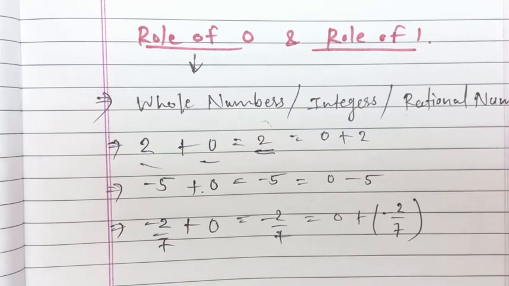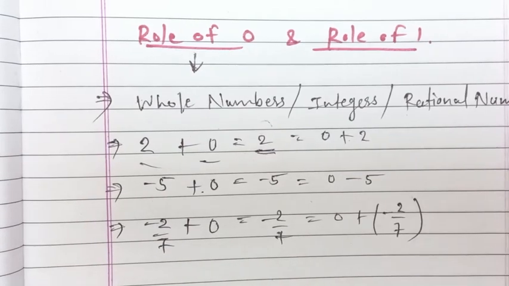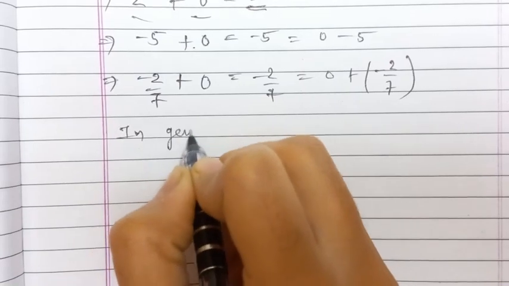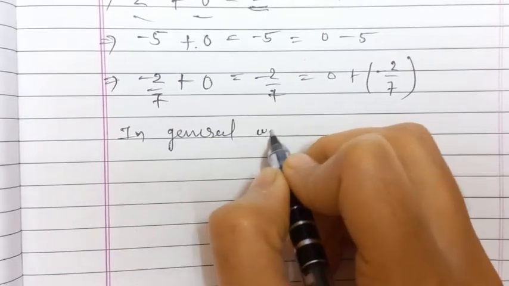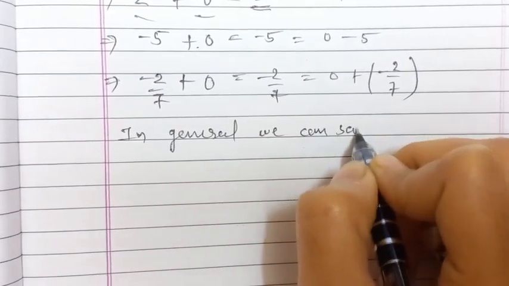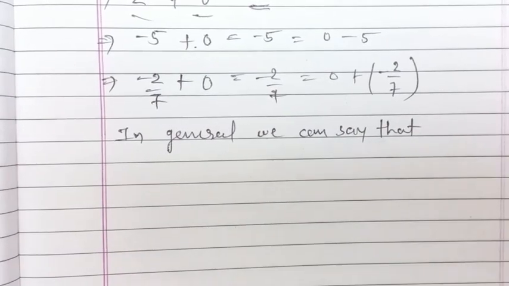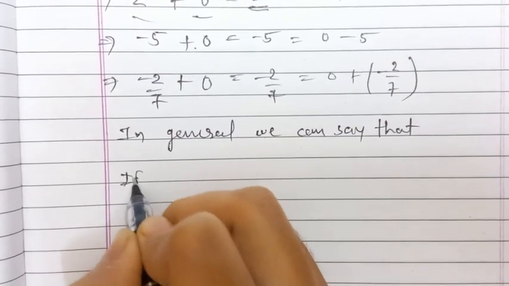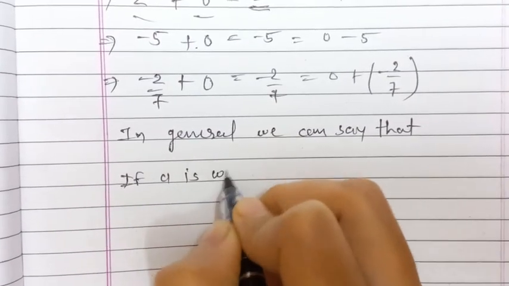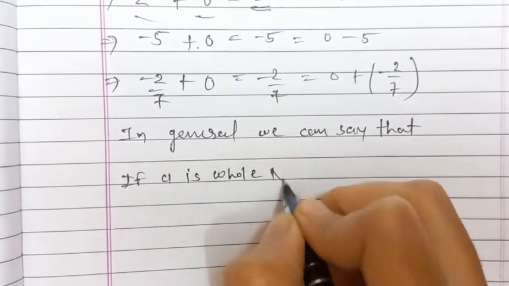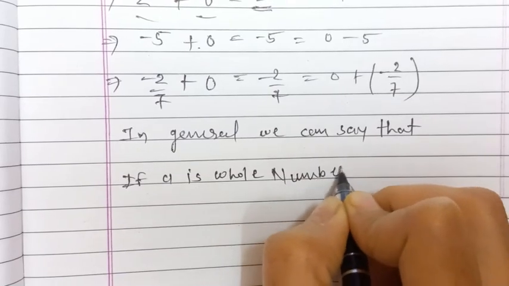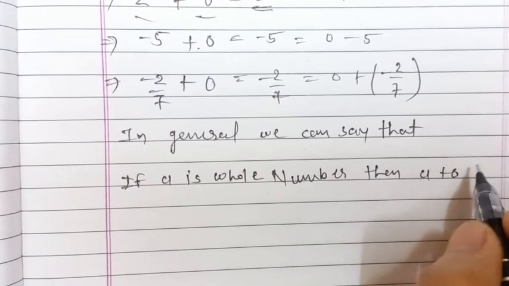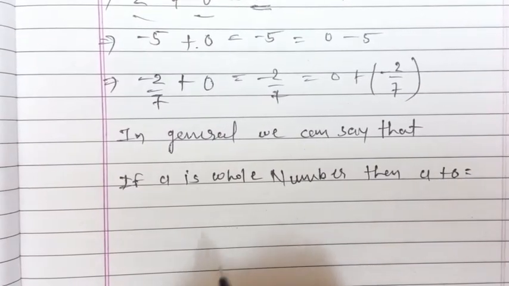So in general, we can say that if A is a whole number and I add 0 to it, then the answer will not change.